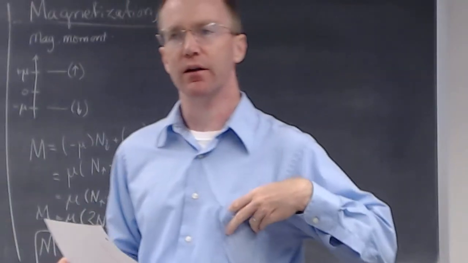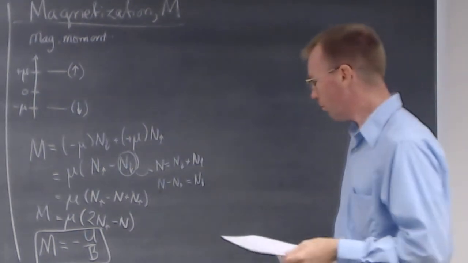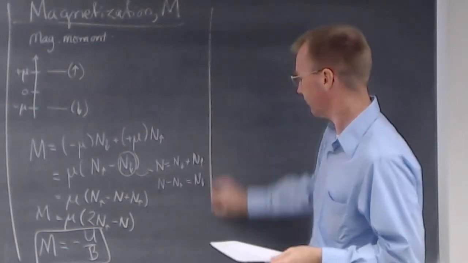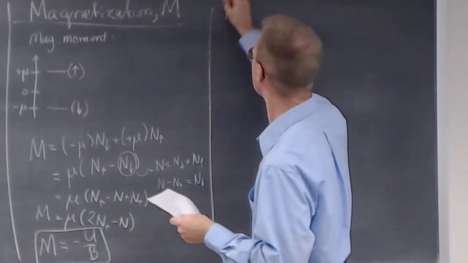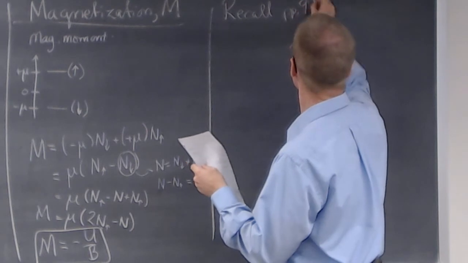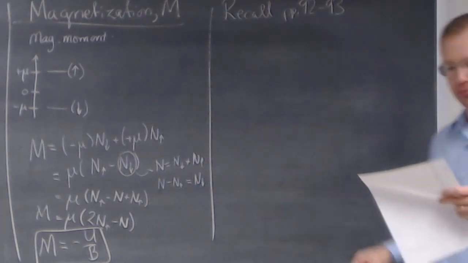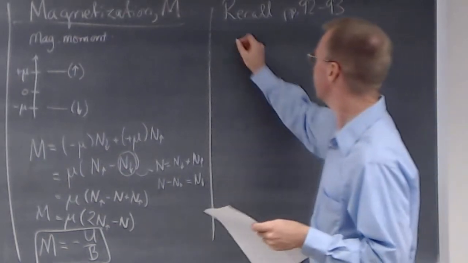So recall that we got a series of instructions from before. What we're often going to do with systems, from pages 92 to 93, is a series of steps.